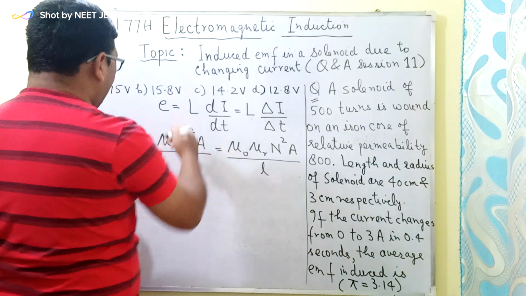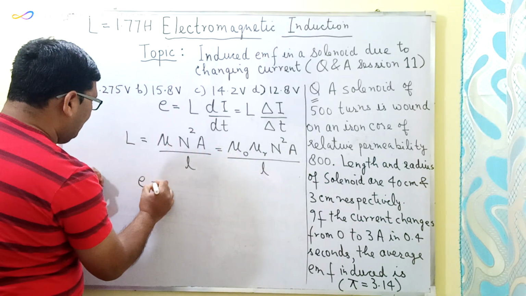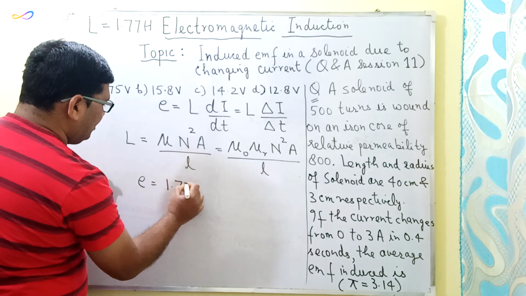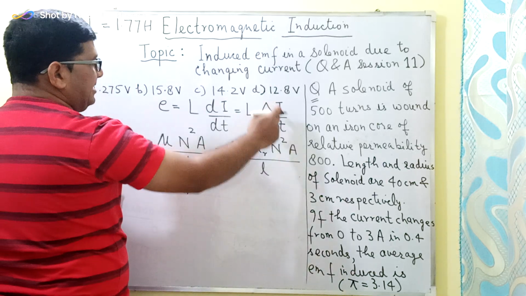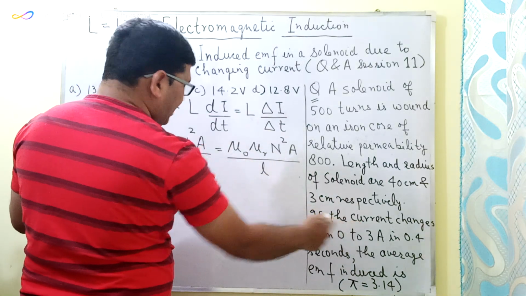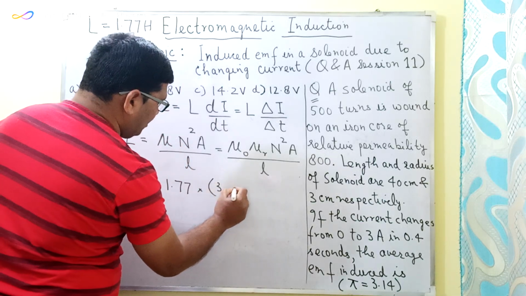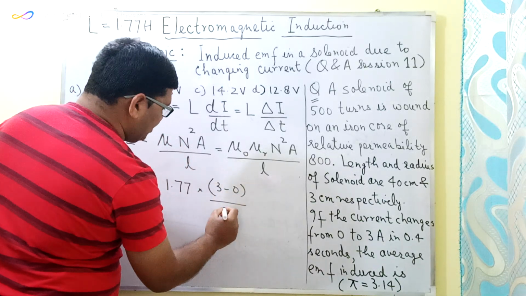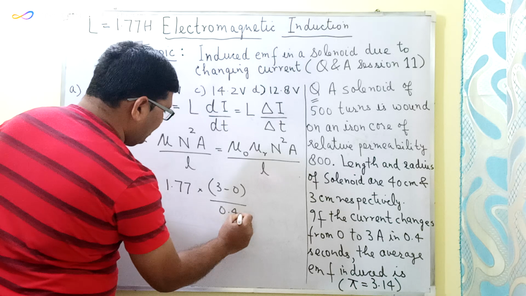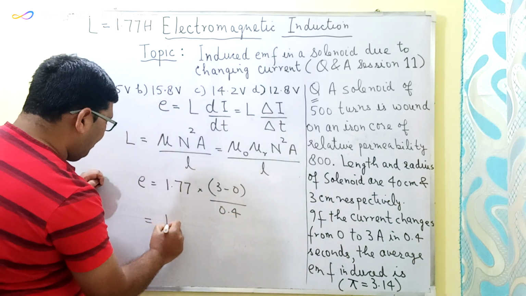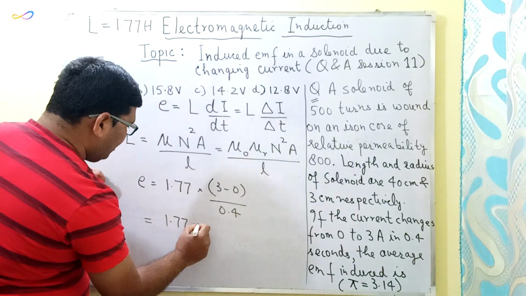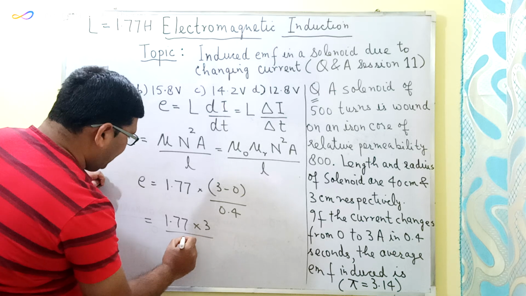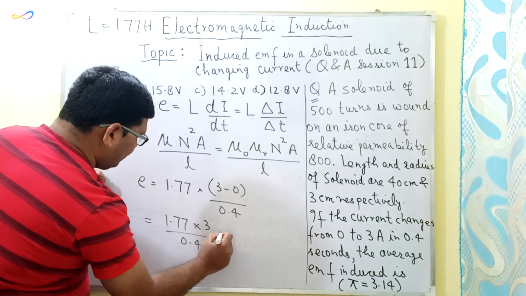Now here the induced EMF will be equal to 1.77 into delta I, which is 3 minus 0, divided by delta t, which is equal to 0.4. So the induced EMF will be equal to 1.77 into 3 divided by 0.4.